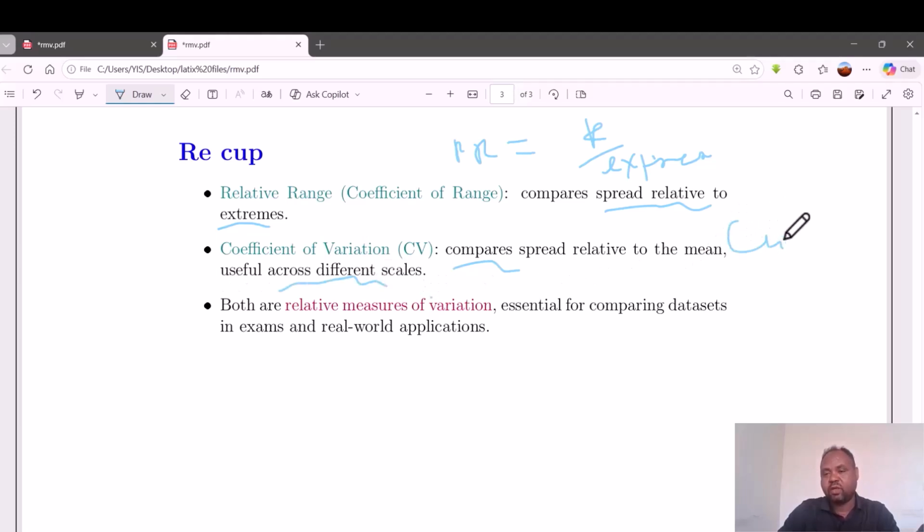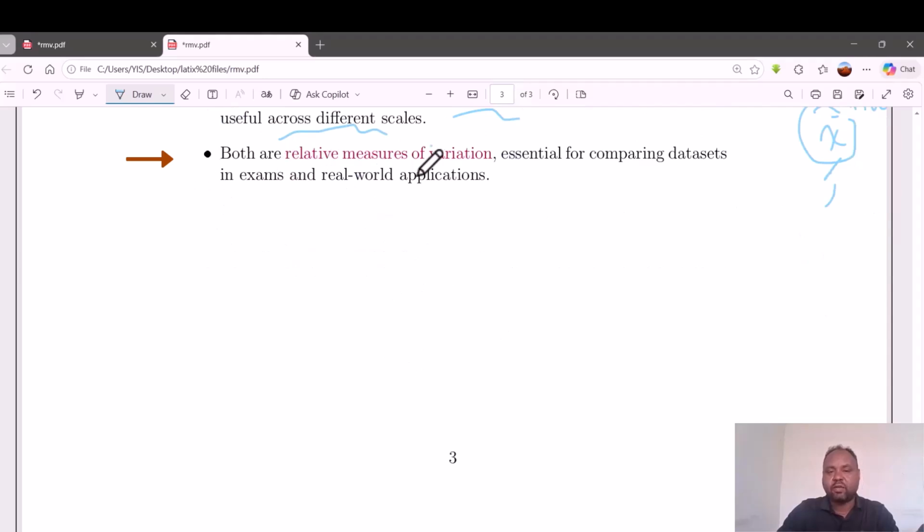CV is the ratio of spread to the arithmetic mean, expressed as a percentage. This one is the spread measure within the data set, and this one is the arithmetic mean. So CV is spread relative to the mean. Both relative measures of variation are essential for comparing data sets in exams and other real-world applications.